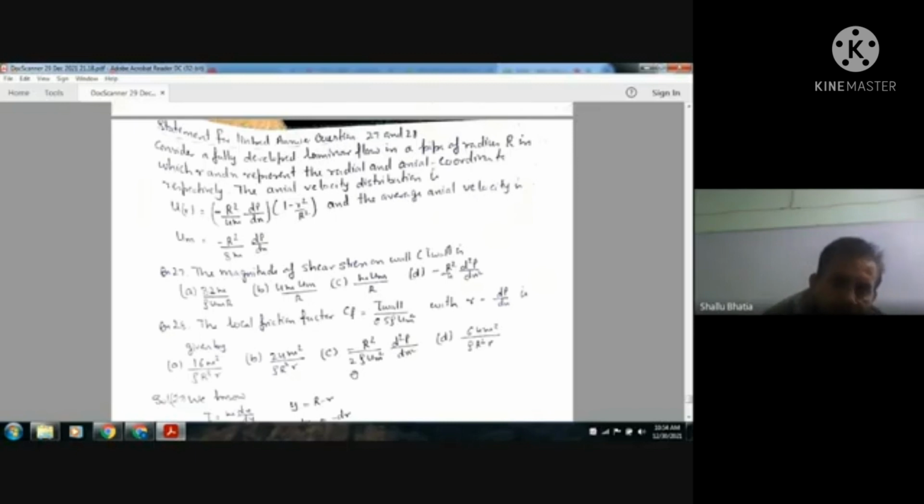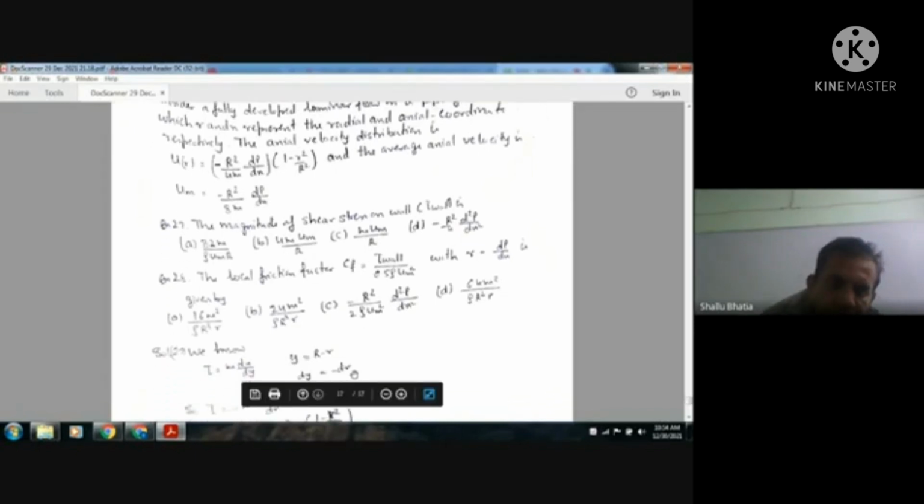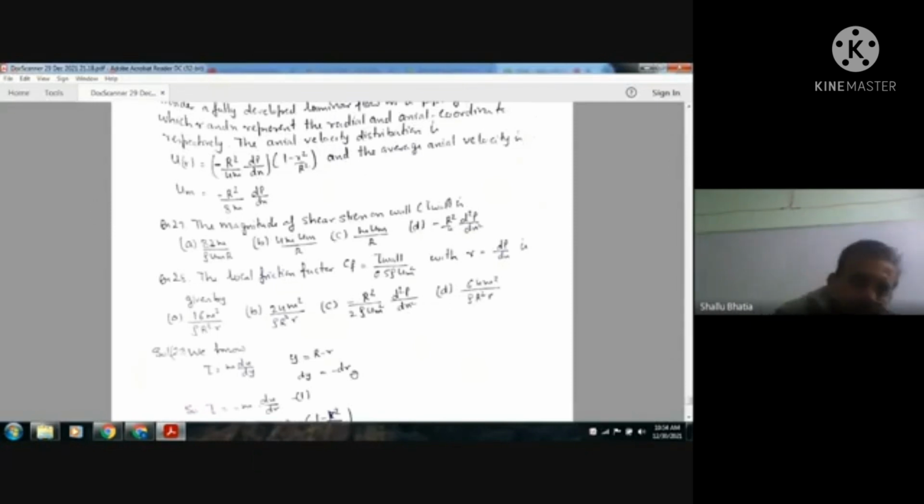The magnitude of shear force on the wall, tau wall, is, so these are the options. The local friction factor Cf is tau wall by 0.5 rho u m square, and R is equal to, into dx. So these are the options we have to get an answer according to.